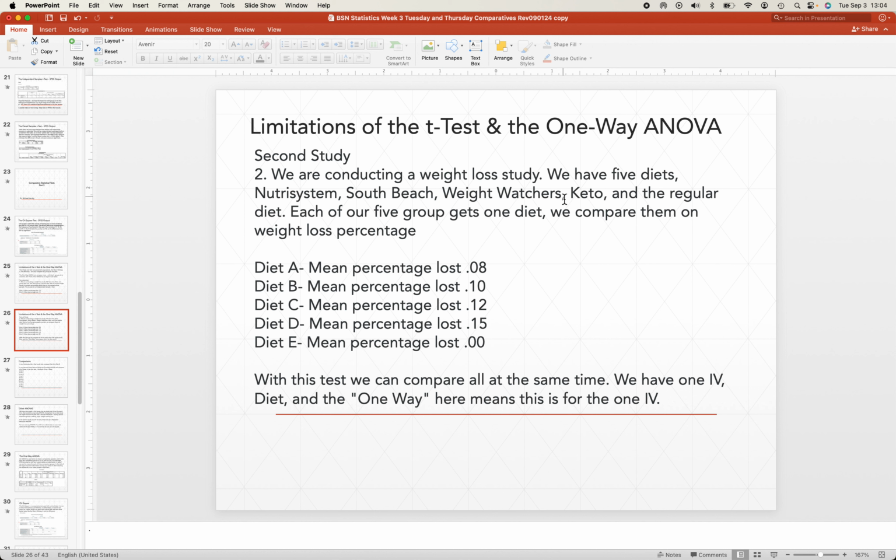Maybe they start off a little slow. They get with the routine. They're very happy. They go along. Maybe they lose more and more weight as the months go by. Maybe the Nutrisystem diet is such that patients get on that, they lose a certain amount of weight, and they're very consistent throughout the study.